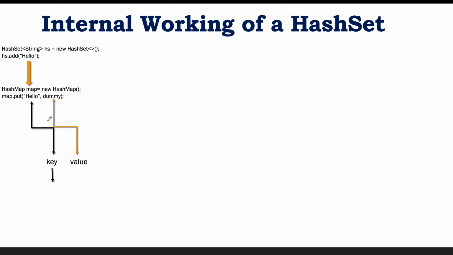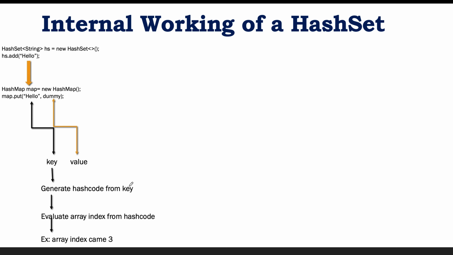First, it will try to generate the hash code. We have seen that there is some logic implemented by Java internally, right? Based on the hash code, it will calculate the index. Let's say it got some hash code like 3. It can be anything, just for demonstration purposes.